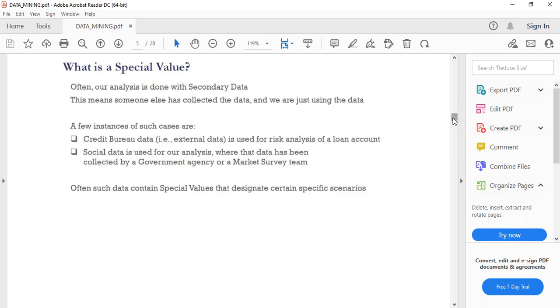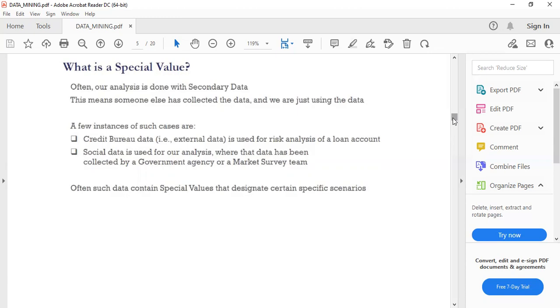Based on the source of collecting data, we divide data mainly into two types, primary data and secondary data. Secondary data is already used for a different purpose, and now you are going to use it for another objective.